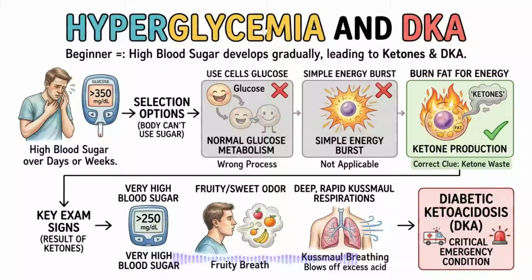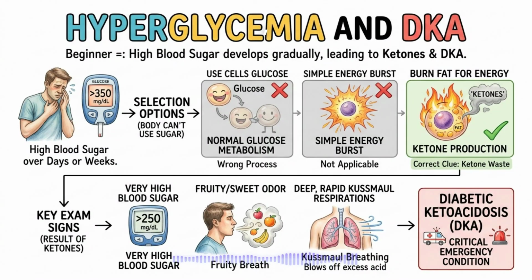On the opposite end of the spectrum is hyperglycemia, which is abnormally high blood sugar that develops gradually over days or weeks. When the body cannot get sugar into the cells, it begins burning fat for emergency energy, creating dangerous waste products called ketones.